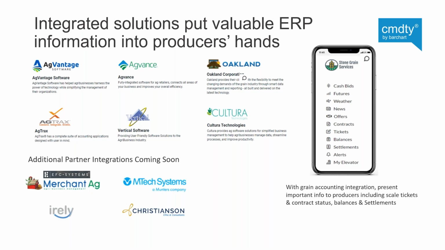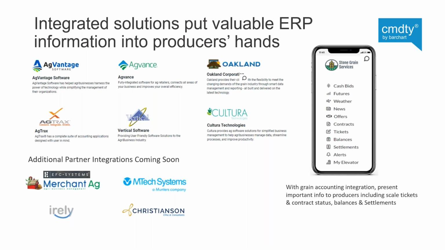These are all fully functional, deployed, integrated solutions. And we have others on the horizon that we're working on right now: Merchant Ag from UFC Systems, MTech Systems, iRely, and Christensen, now called Beyond. So by the end of Q2, we'll have 10 or nearly a dozen ERP systems that we are fully integrated with, which is really an industry leading accomplishment.